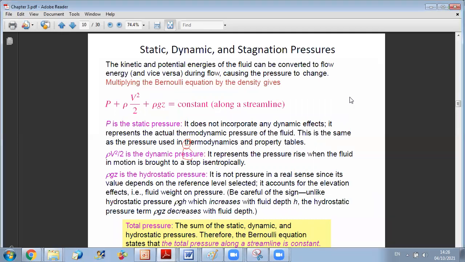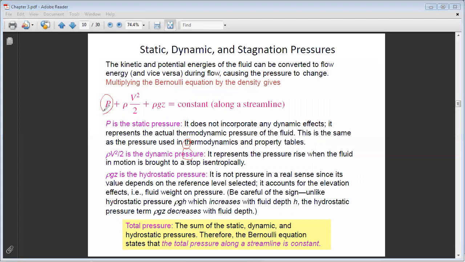Now, let us do some analysis about the pressure terms. This term is called just the static pressure of the fluid. This is the pressure that will be measured by a certain manometer, irrespective of motion. Whatever is the motion of my particle, whatever is its velocity, I can measure its static pressure.